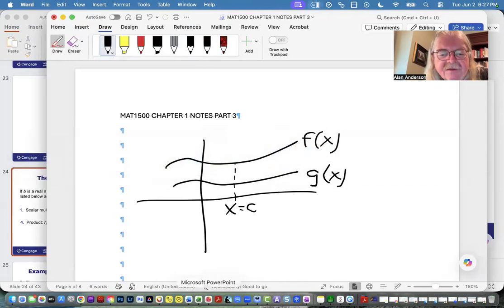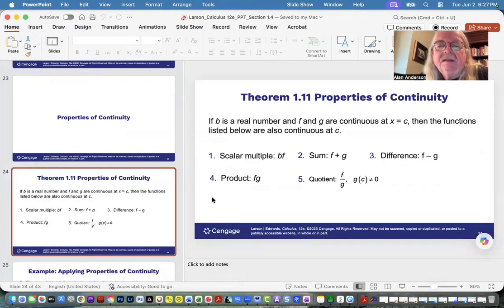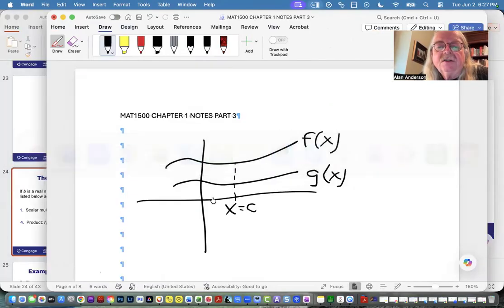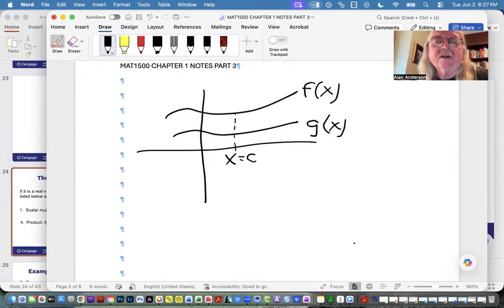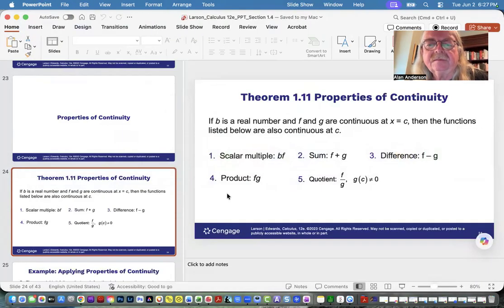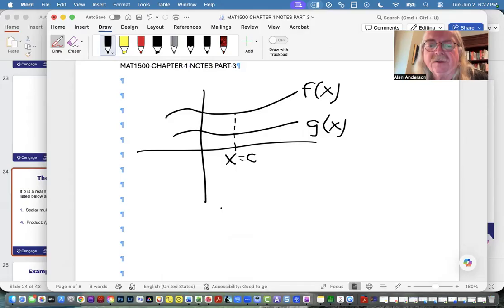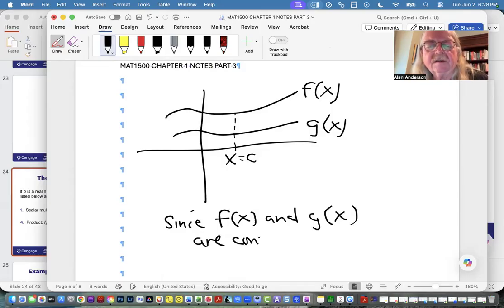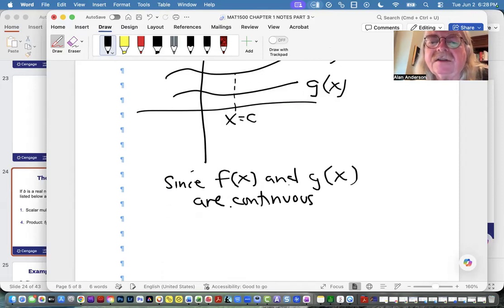And the properties that they give us are, now remember, b is a constant. So that means that we could, for example, simply multiply f of x by a constant b, and it will still be continuous. So we're assuming that they're continuous. Then multiplying one of them by a constant means that it's still continuous.